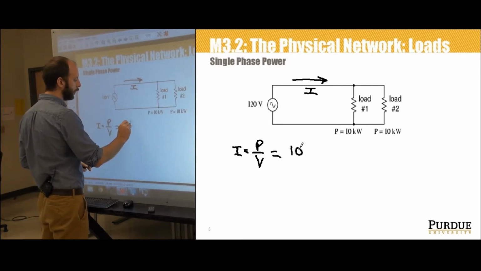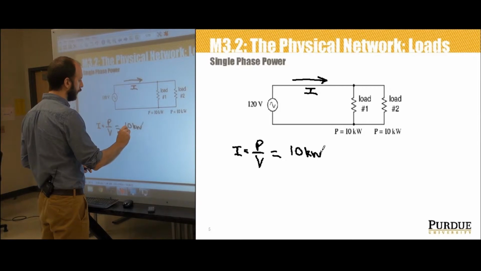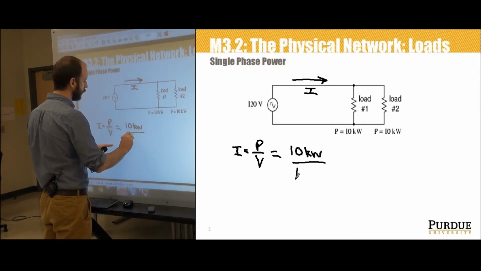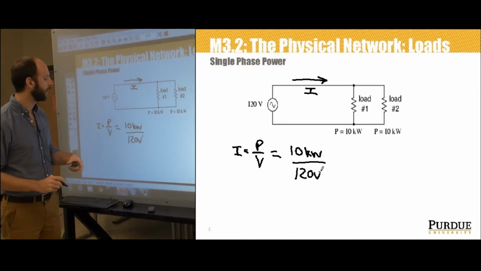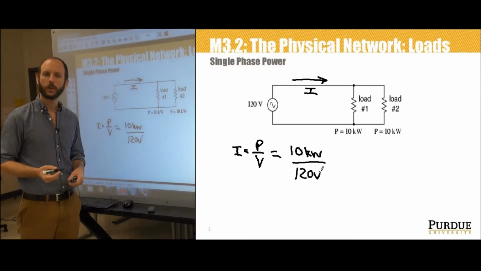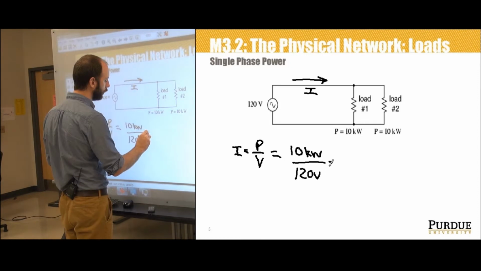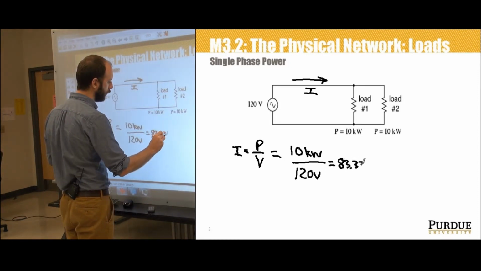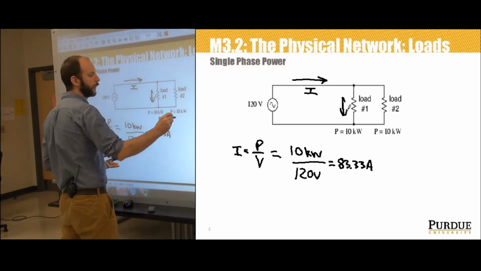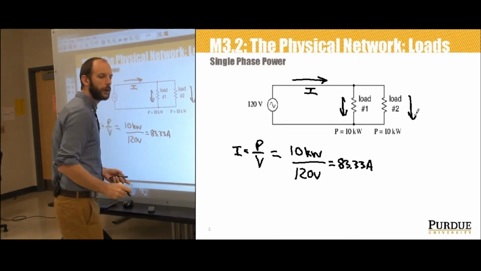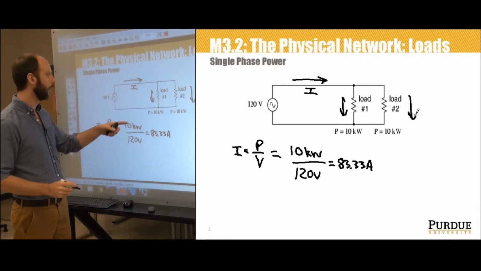So each of the loads is going to be 10 kilowatts divided by the parallel voltage of 120 volts. So 10,000 divided by 120 is 83.33 amps. And so that means there's 83.33 amps flowing through load 1, and there's also 83.33 amps flowing through load 2.